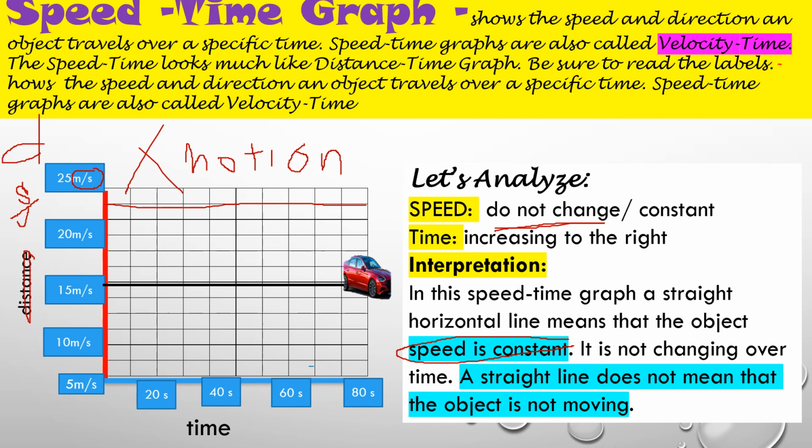Diba sa math, pag sinabi natin constant, hindi nagbabago. From 20 seconds, ang speed ng car ay 15 meter per second. After 40 seconds, ganun pa rin, 15 meter per second. After 80 seconds, ganun pa rin. So therefore, yung horizontal line na yan, the speed and the time is constant. Maliwanag? So ito ay constant, hindi nagbabago.